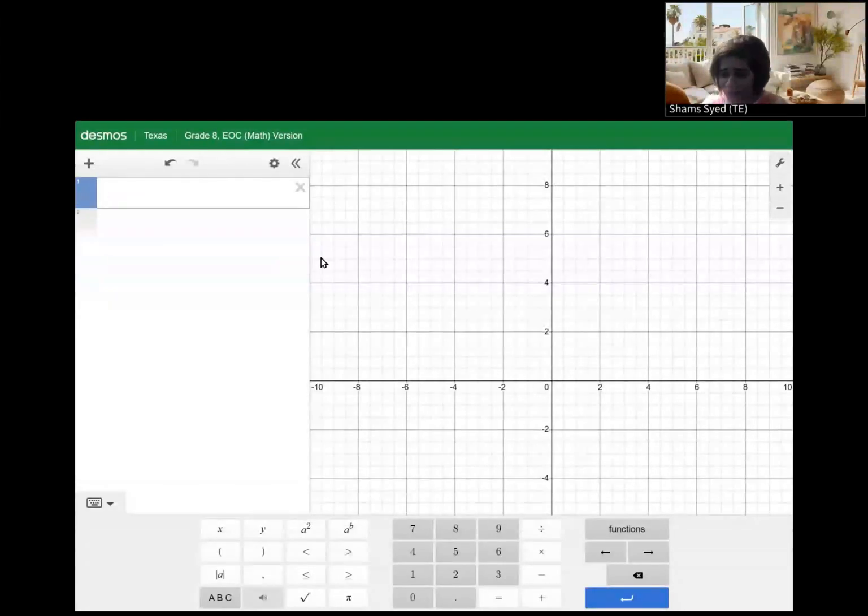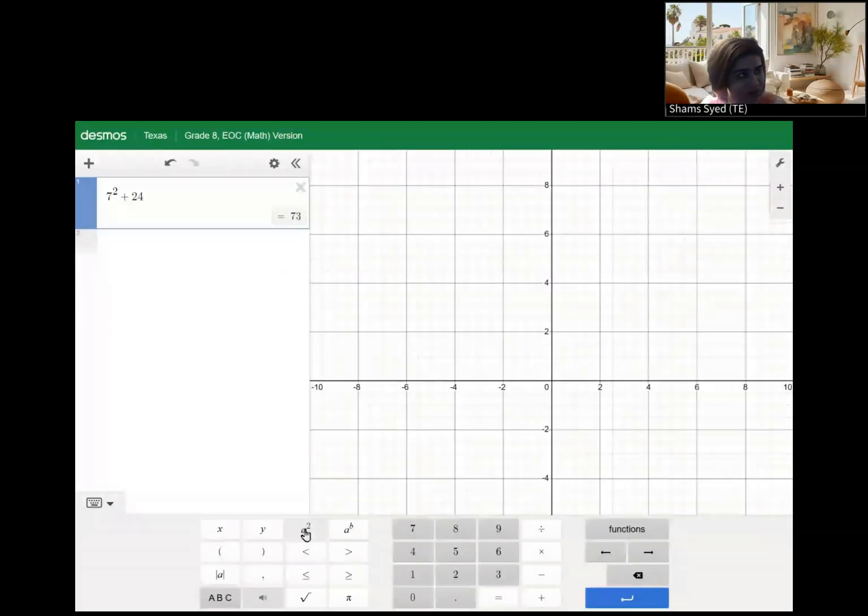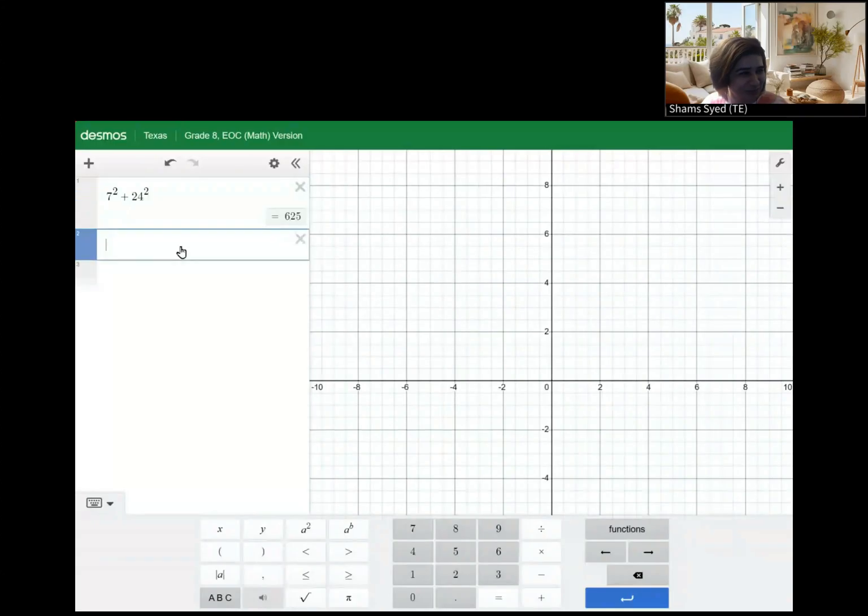The shorter sides are 7 and 24. So 7 squared plus 24 squared. 625 is going to be a working number because 25 squared is 625. Right? So 7, 24, 25 does create a right triangle. It is a working answer.